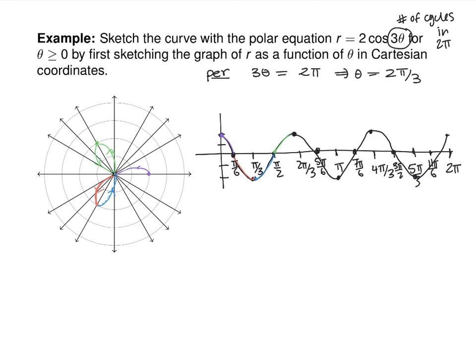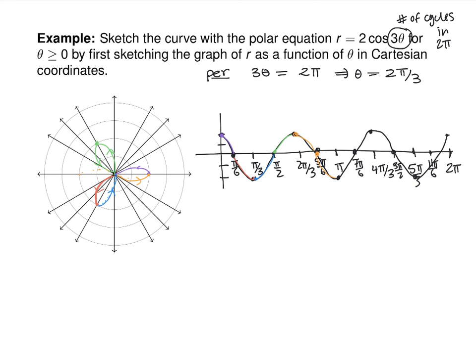And lastly, that part from 5 pi sixths to pi. By pi, we're at a radius of -2, so this point will reflect over there, and all these dots will reflect over here. So there's the next bit.